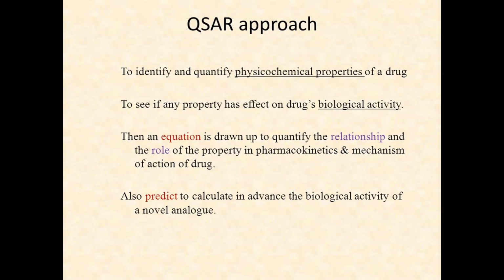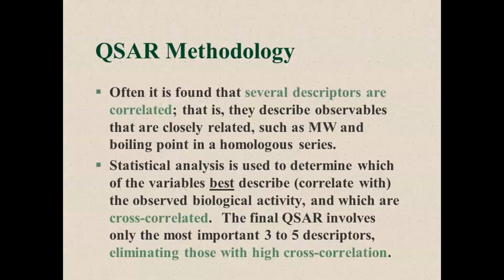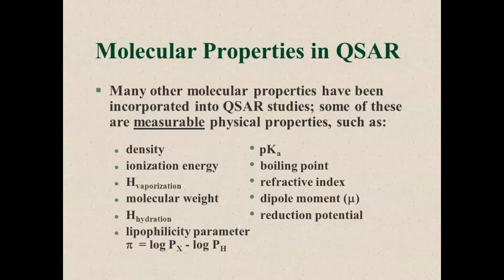It is called QSAR, or quantitative structure activity relationship. We just express the observed system mathematically, and we get QSAR. These are some of the molecular properties that we study in QSAR: density, ionization energy, heat of vaporization, molecular weight, enthalpy of hydration, pKa value, boiling point, refractive index, etc. These are used to study the biological activity of the drug.